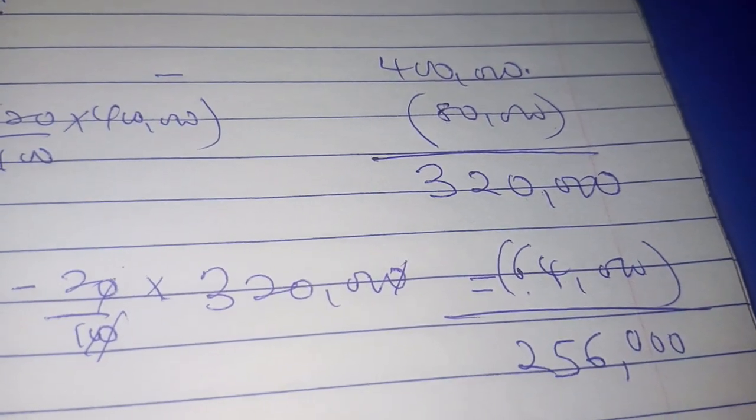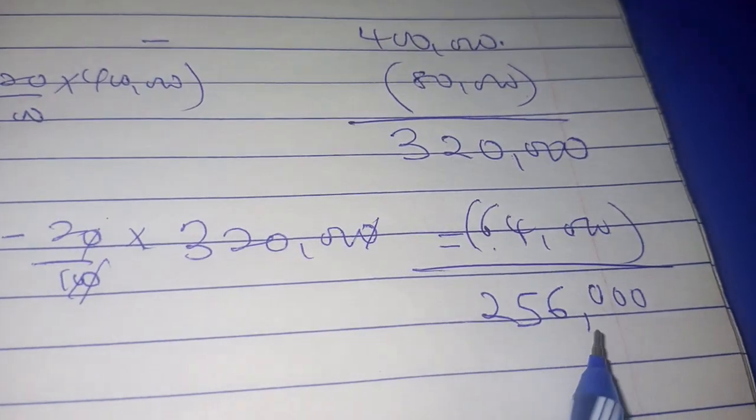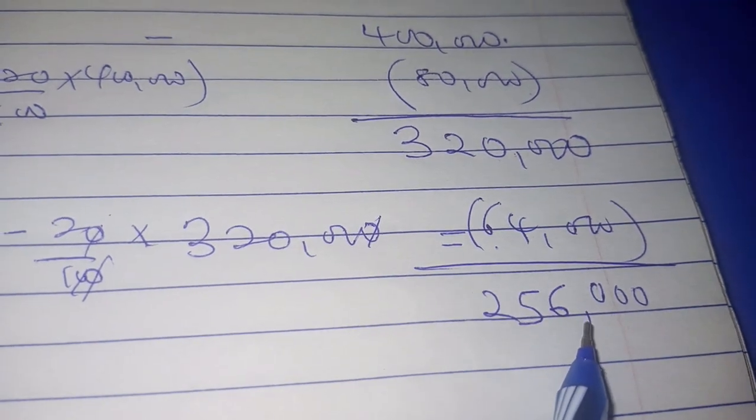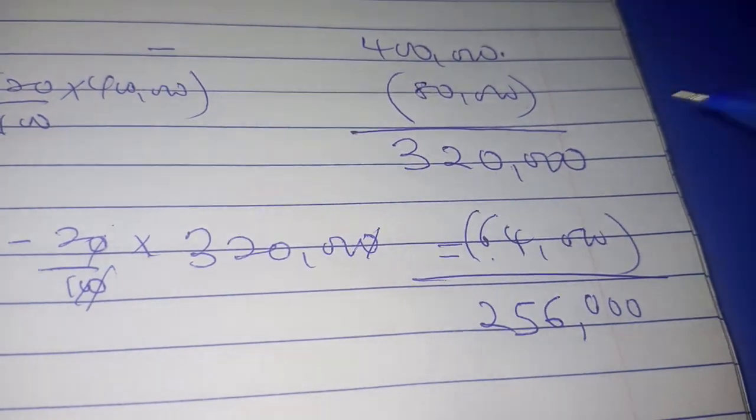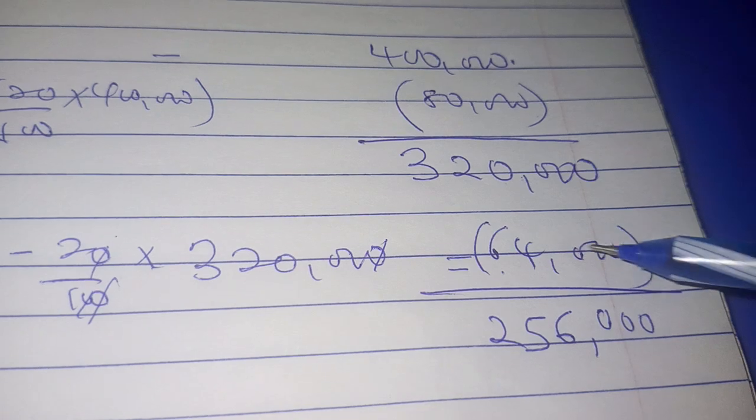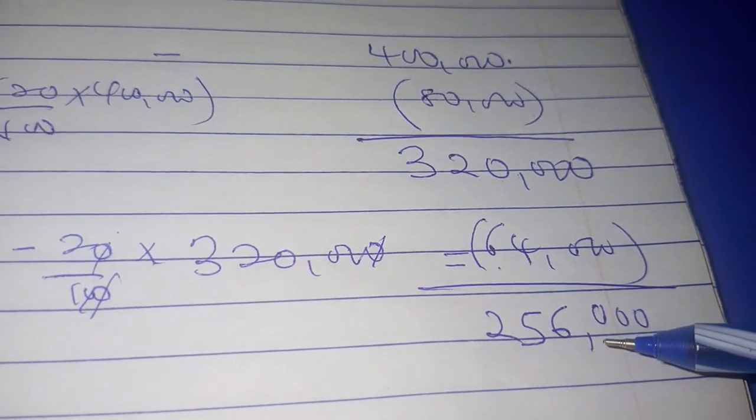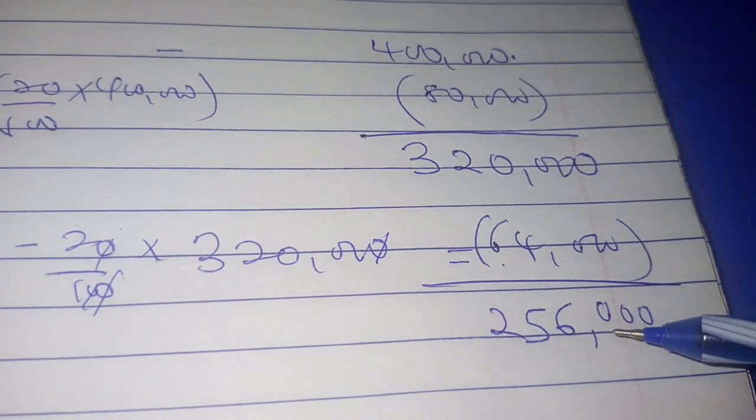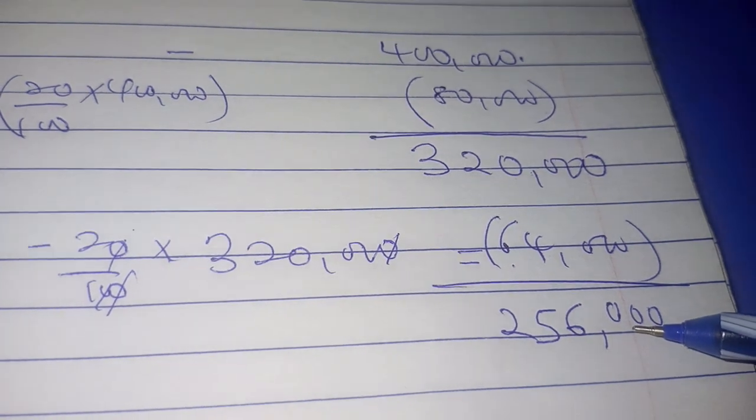After second year depreciation of 64,000, we have a reduced balance of 256,000 after the second year.